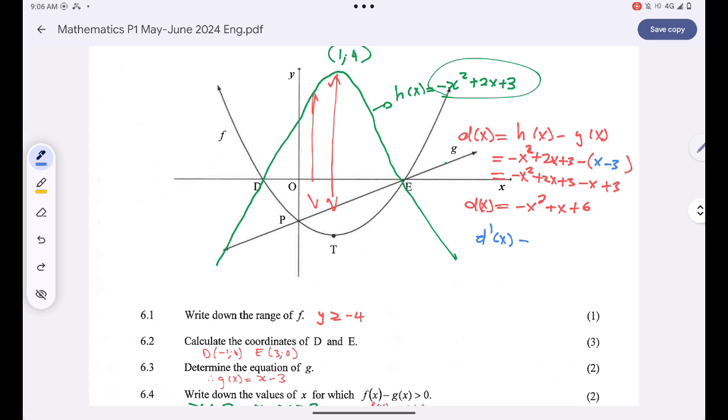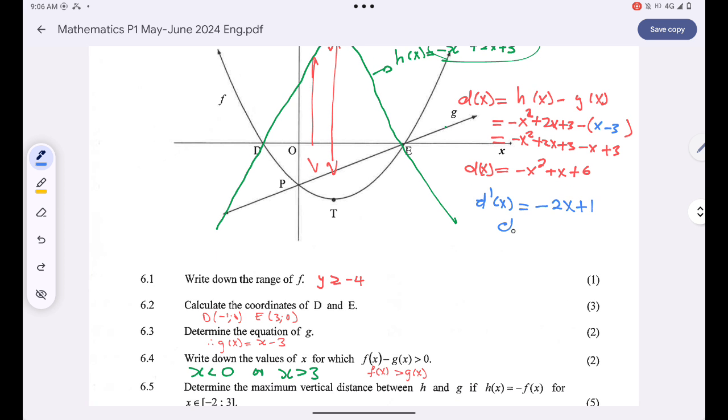The derivative of the distance will be negative 2x plus 1. But for a maximum, I know that the derivative is always equal to 0. So negative 2x plus 1 is equal to 0, and negative 2x is equal to negative 1, and then x is just equal to a half.